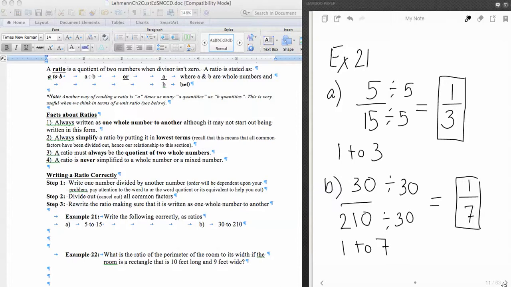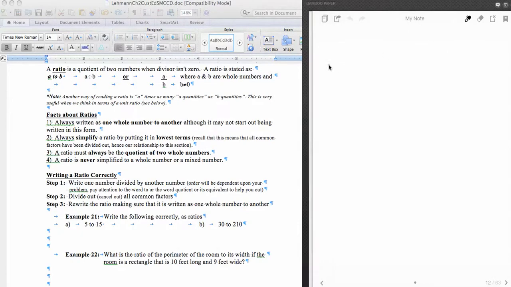Now the next one we have is example number 22. In example number 22, we're going to see it written as more of a word problem, a real-world application problem. So what is the ratio of the perimeter of the room to its width? The first thing I'm going to do is write perimeter to the width.